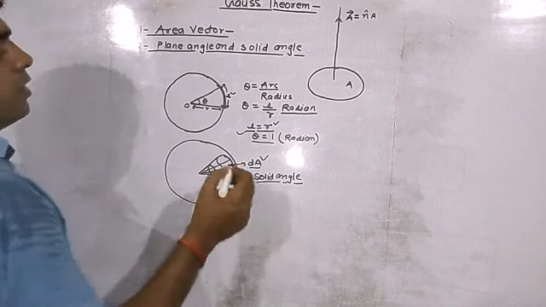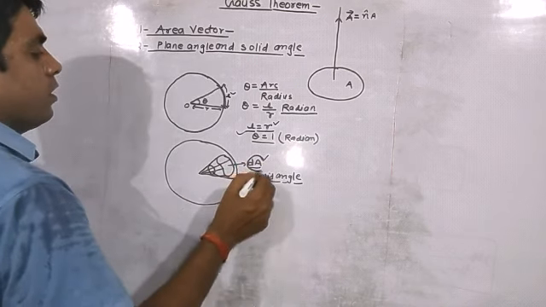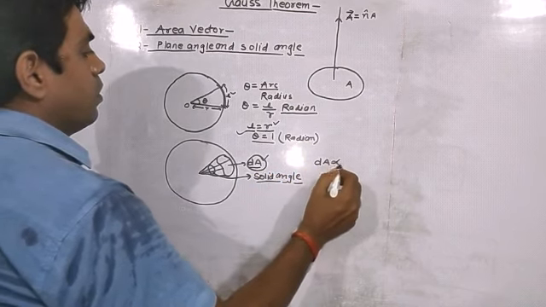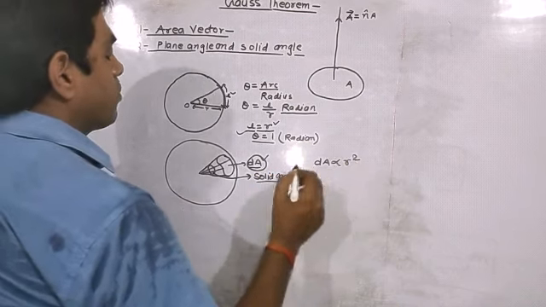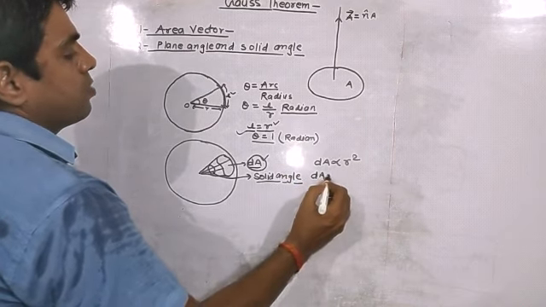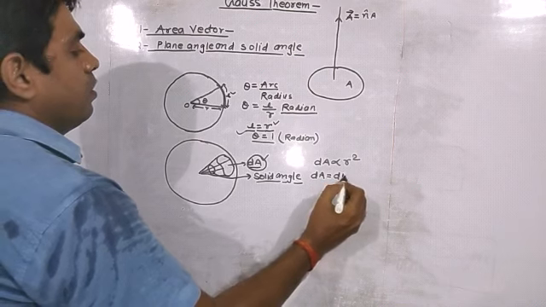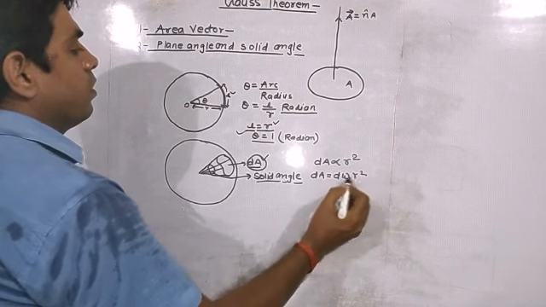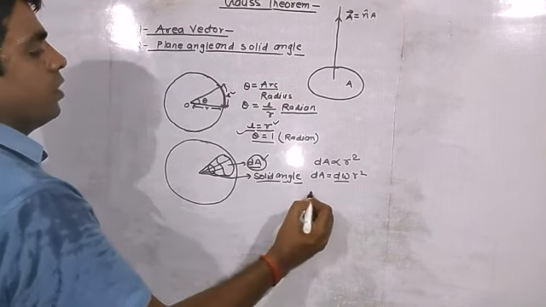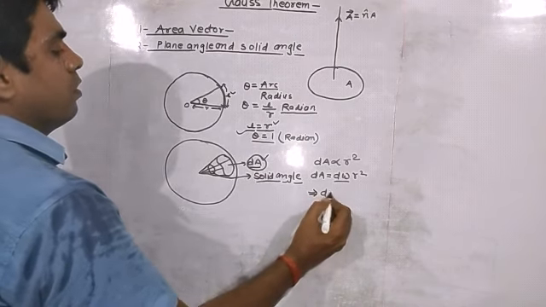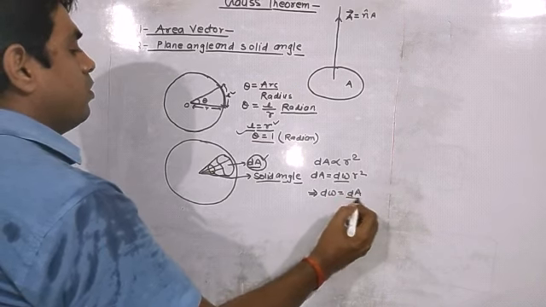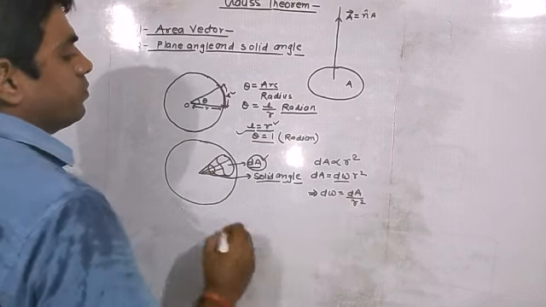So we can define the solid angle as: dA is proportional to the square of the radius, r square. So we may write dA is equal to a constant d omega into r square. Here the constant d omega is called the solid angle. So d omega is equal to dA by r square.